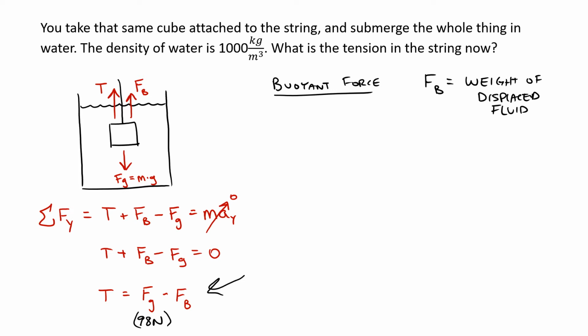Okay, so how do we do that? Well, what is weight? Weight was just that force. This is the weight of the object in air, and that's mass times acceleration. So we say the buoyant force is the mass of the displaced fluid times gravity, right? So maybe we use the mass of the water it's displacing.